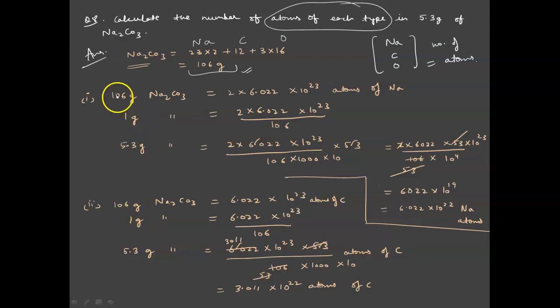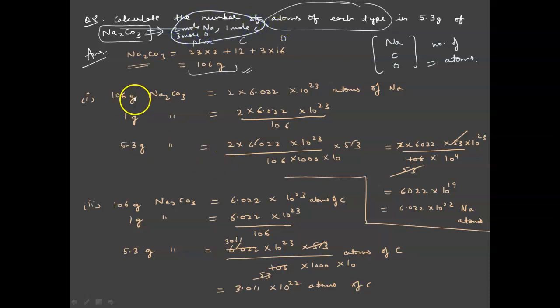In the first case, 106 gram. We know that the molecular mass equals one mole. First of all, remember in the question we have Na2CO3. So what is given? We have 2 mole Na, 1 mole carbon and 3 mole oxygen. Remember this.